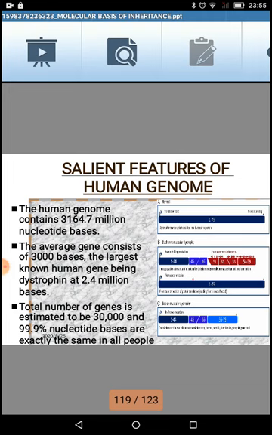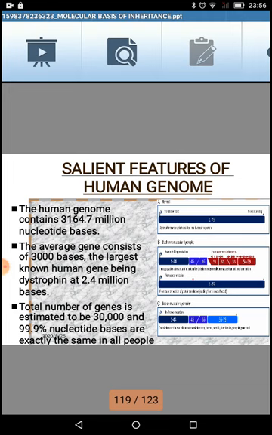Second, the average gene consists of around 3000 bases, and the largest known human gene, which is called dystrophin, has around 2.4 million base pairs. Now you can imagine a gene present in us with 2.4 million base pairs. So that was the largest gene which was decoded, and like that many genes are present.